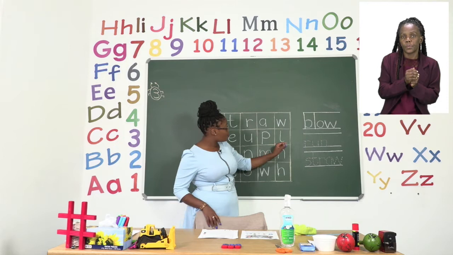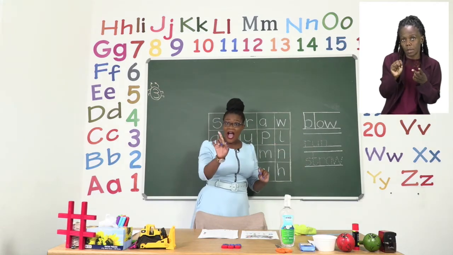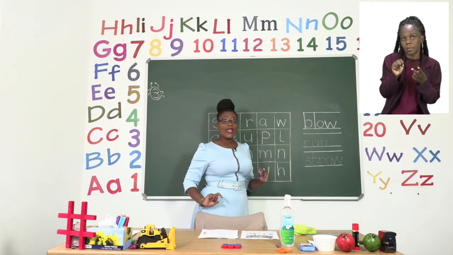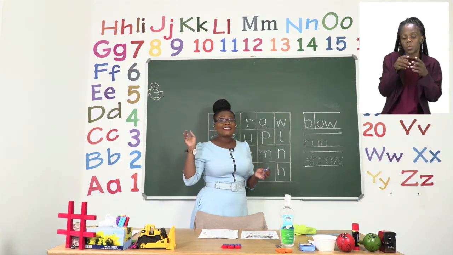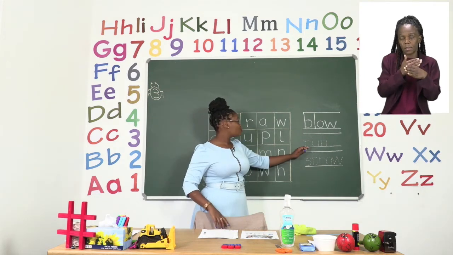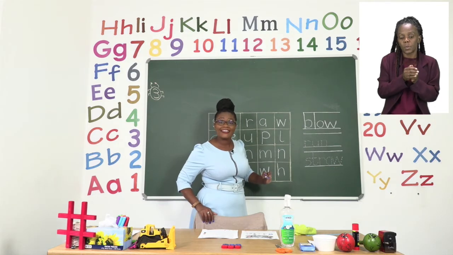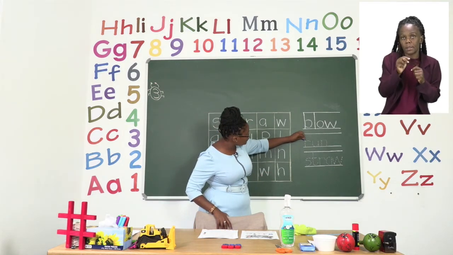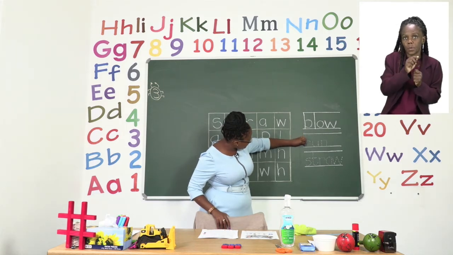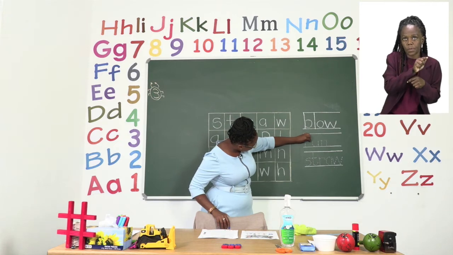Then we have the word run. For this word, I want you to go to your unscrambling part where you can see that it is spelled wrong. On the line next to the word, I want you to write the correct spelling of the word run. We are going to start with R. We go down, up, and round.